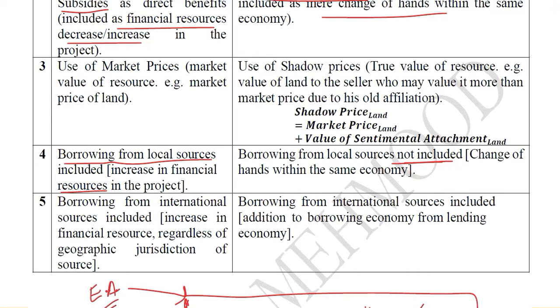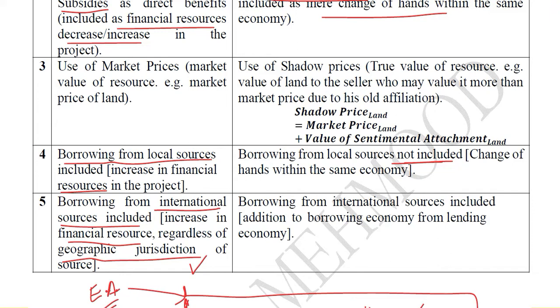When we borrow from international financial institutions or any other country, it is an increase in the financial resources of the project, and there is no concern of the geographic jurisdiction of the source, because from the financial point of view, it is no concern if there is an increase or a decrease in the economy in terms of financial resources. So we can include these transactions in our financial analysis, just like an accountant.